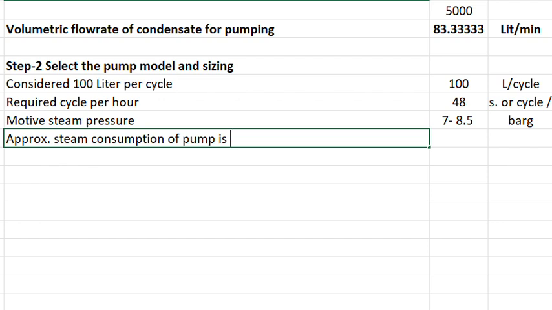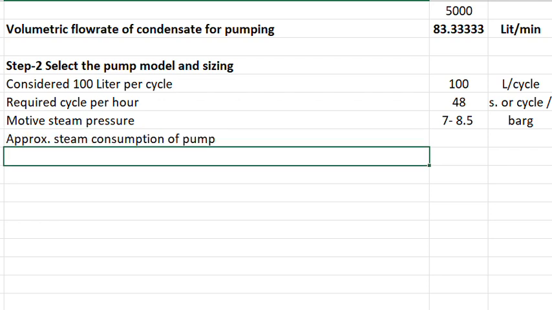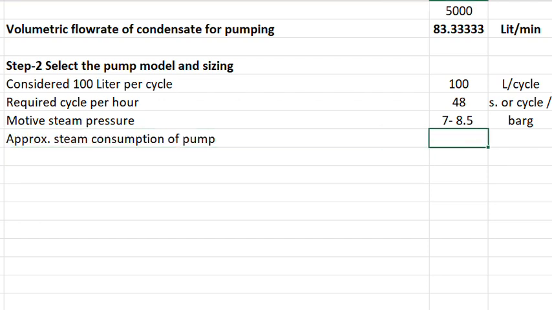Here we can take the approximate steam consumption as an average: it takes 5 to 6 kg of steam max per ton. Here we have 5 tons, so based on this model, it is 35 kg per hour steam requirement to transfer that much condensate.